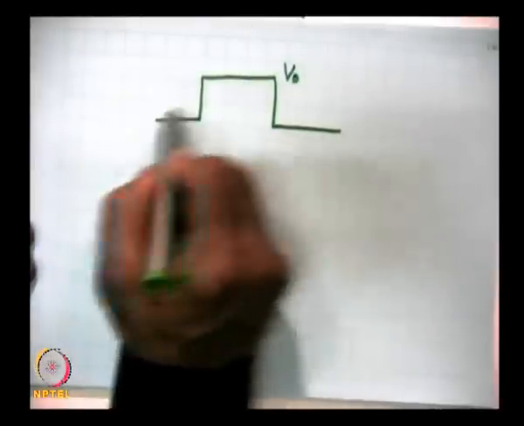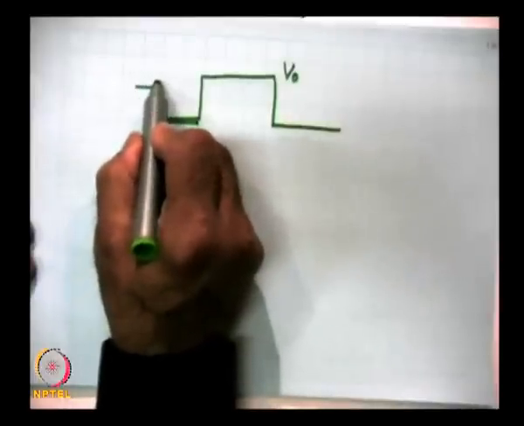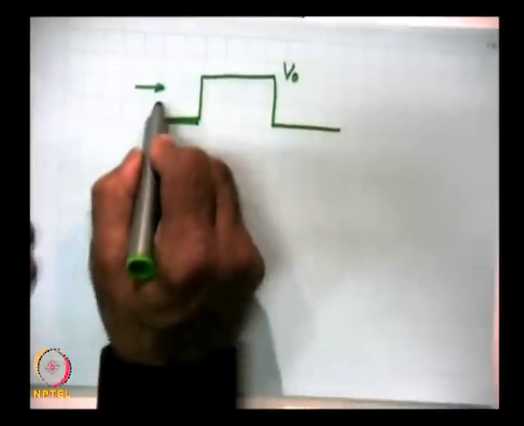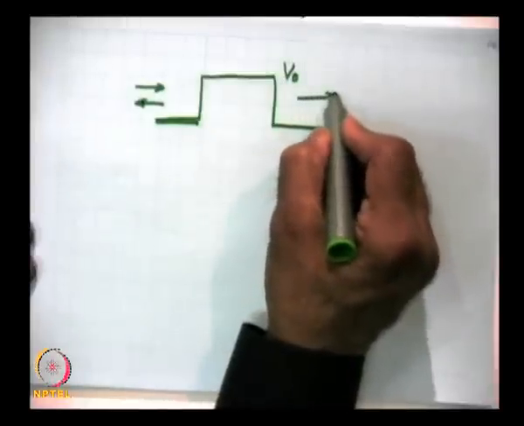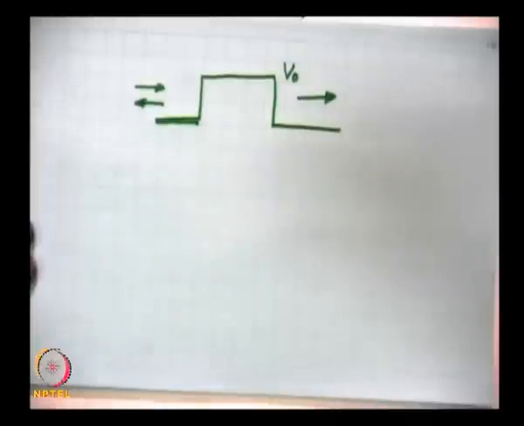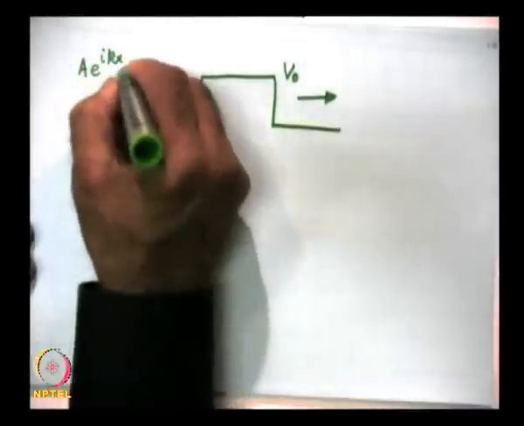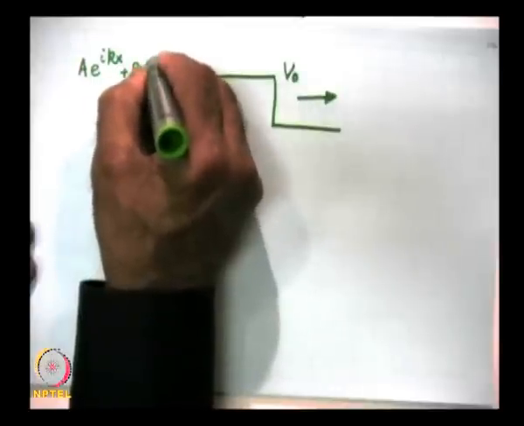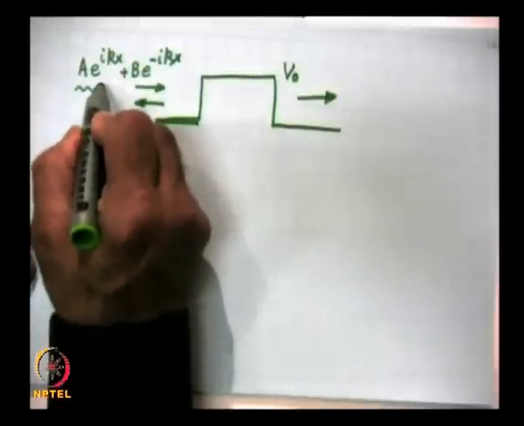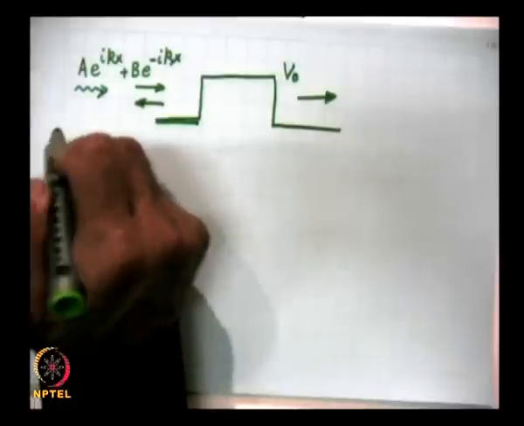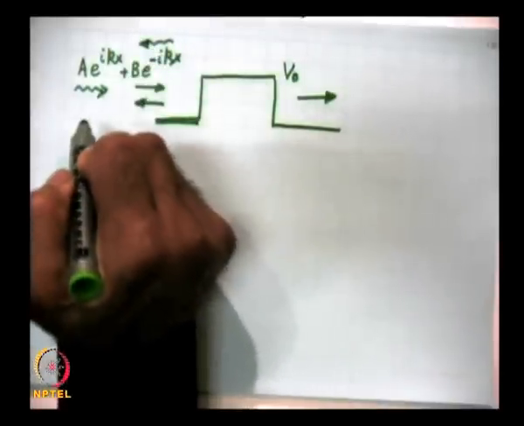So, in general, one considers E less than V0, and then we have an incident wave here and a reflected wave here, and then we assumed only a transmitted wave here. So, here the solution was A e to the power of ikx plus B e to the power of minus ikx. The first term represents a wave propagating in the plus x direction. The second term represents a wave propagating in the minus x direction.